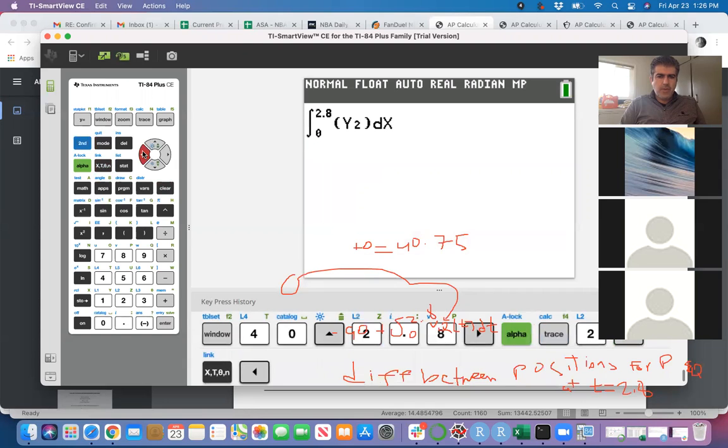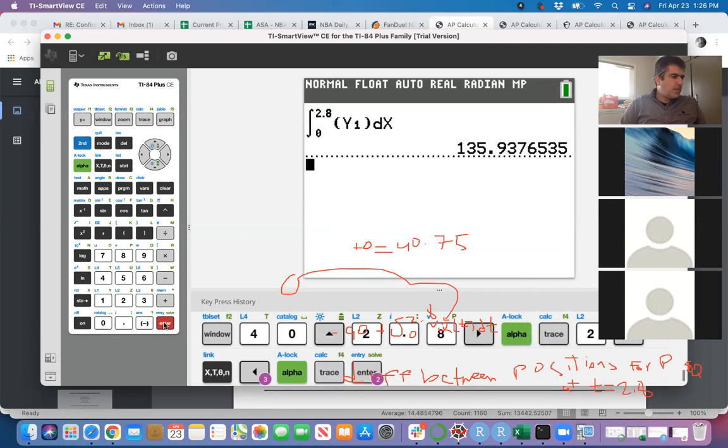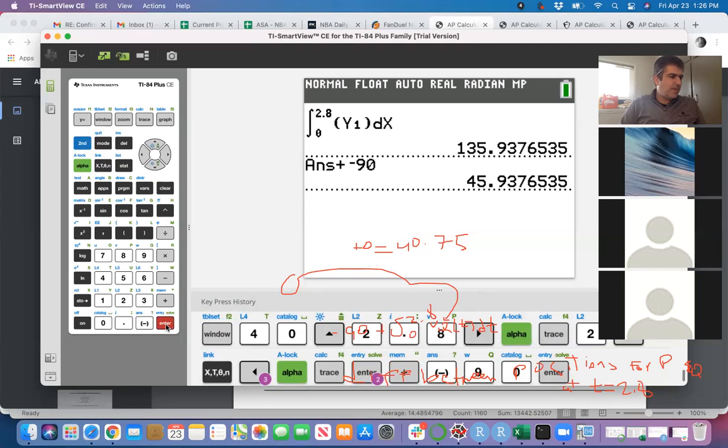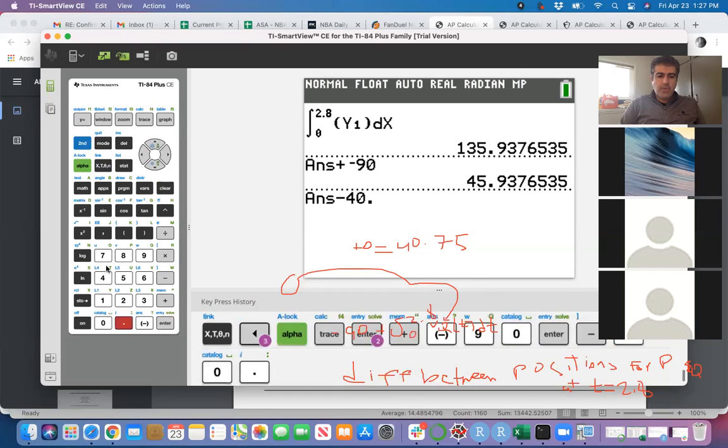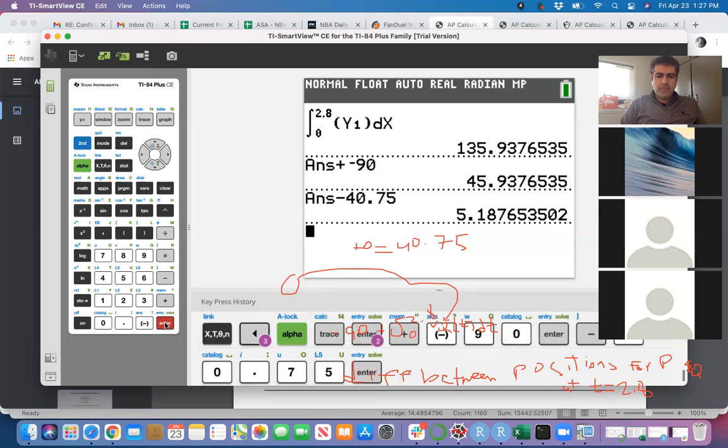Not option, sorry, it's y1, my bad. Took a little while, but you add that to negative 90. Well, not that long, just a second longer. So 45.93, and then you subtract them from 40.75 to get the difference between particles Q and P. So it's 5.187 meters apart.